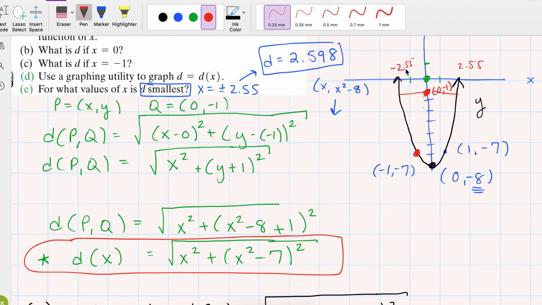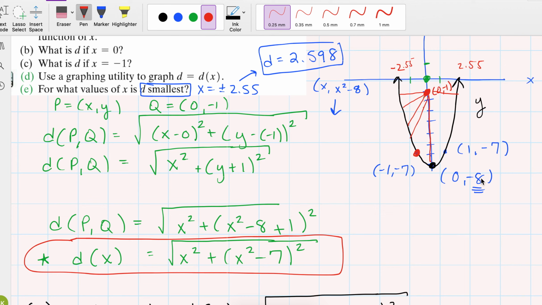In between -2.55 and 2.55, so we have -1, 0, 1, and so on, things in between. Notice that for any of these x values, you would get a longer line. So for any point on this graph here, this line would get longer. And the longest it would get is right here at this point.